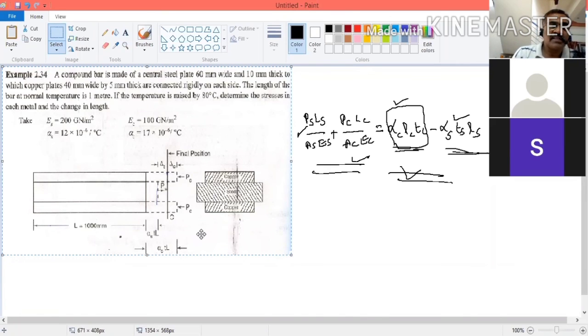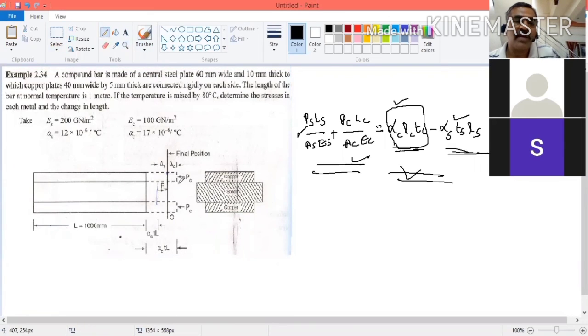If you see the reaction, the copper is compressed because the steel is trying to pull it back. So some load is acting, that is Pc. Similarly, this copper is also compressed, so this is also Pc. But at the same time, the copper is trying to expand, that is Ps.